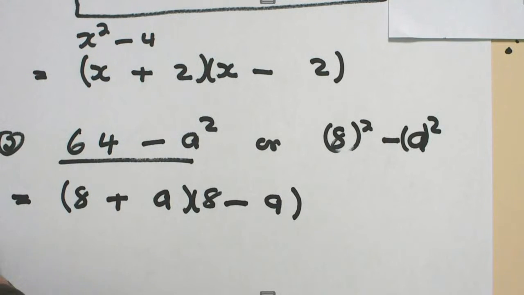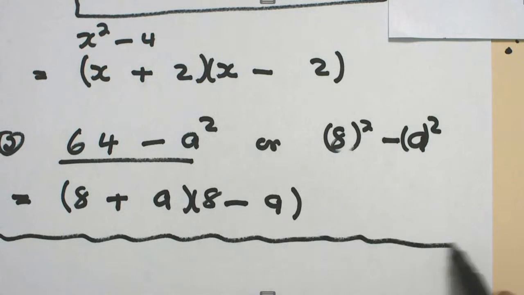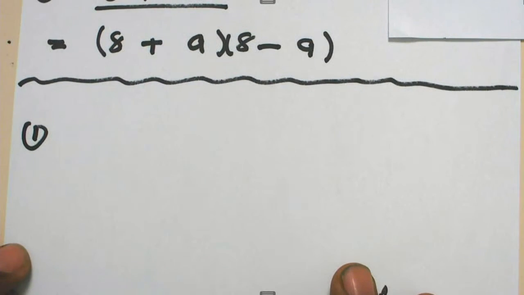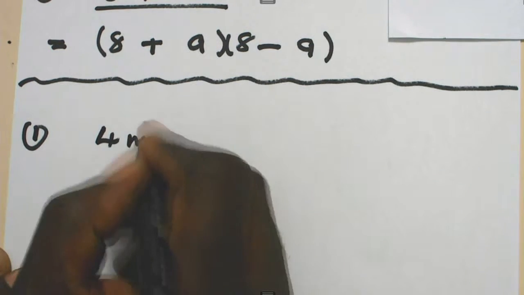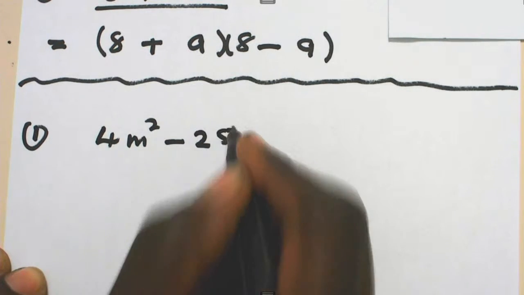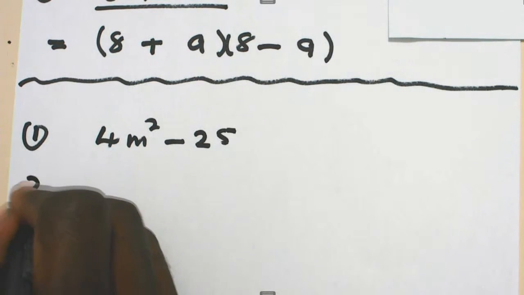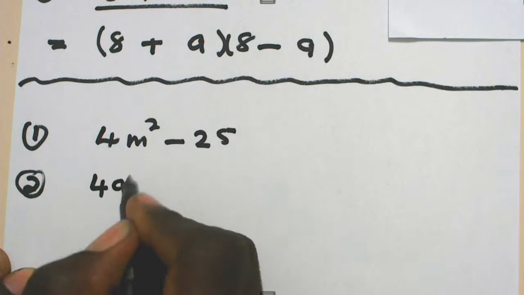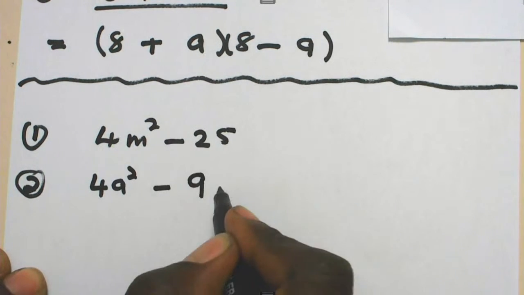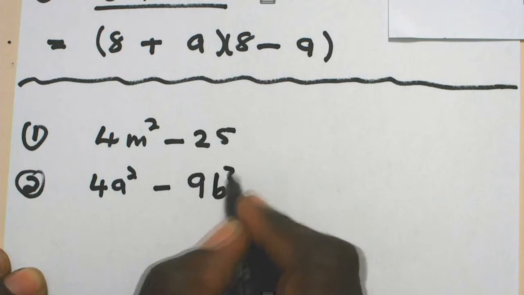For you at home, here are the following that you can do. Number 1 is 4m squared minus 25. Number 2, 4a squared minus 9b squared.